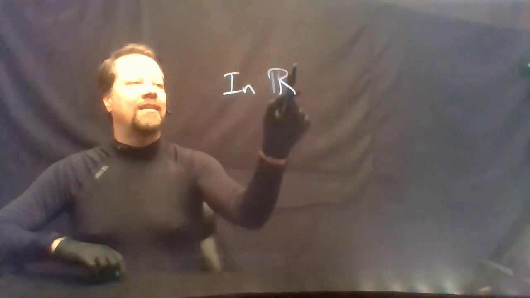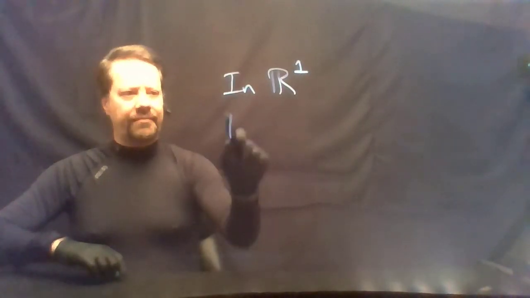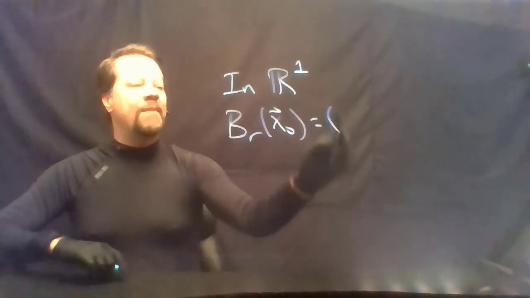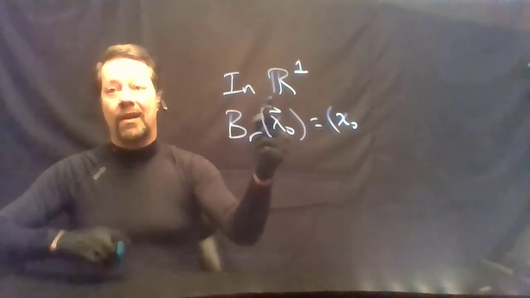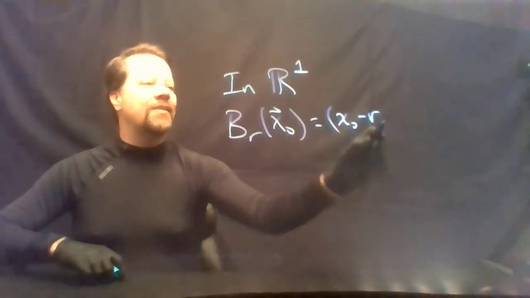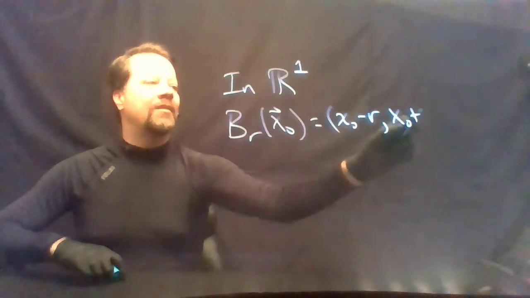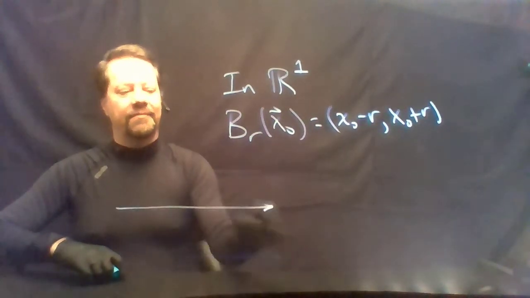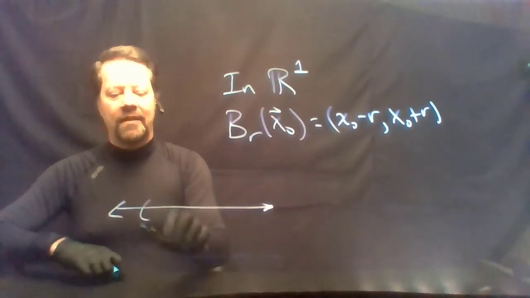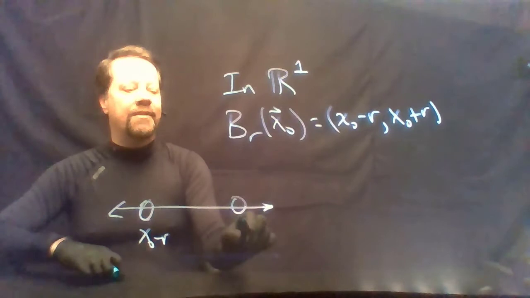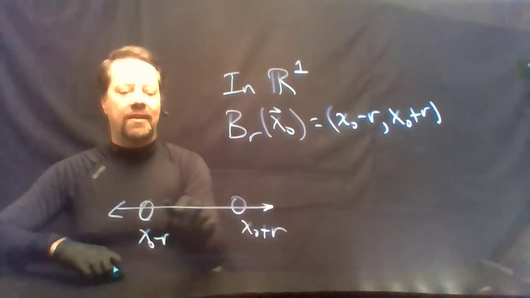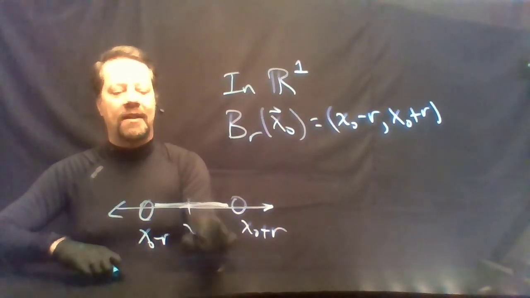Also, in R1, the ball of radius r centered at some x naught is going to be the interval from x naught, vectors in R1 are scalars, minus r to x naught plus r. Everything from here at x naught minus r to here at x naught plus r, x naught being right in the middle.